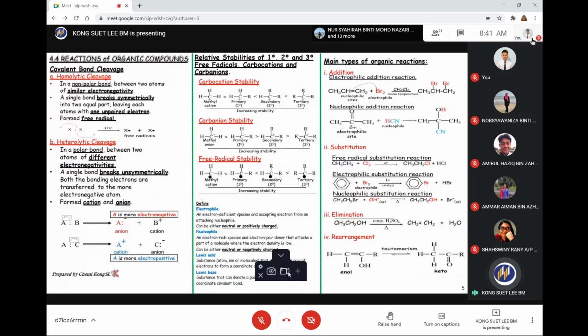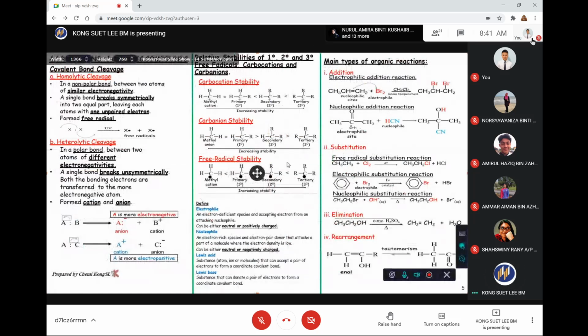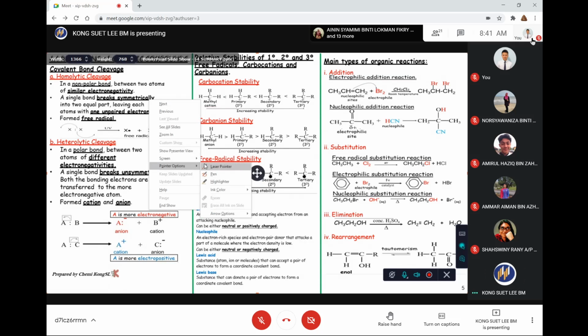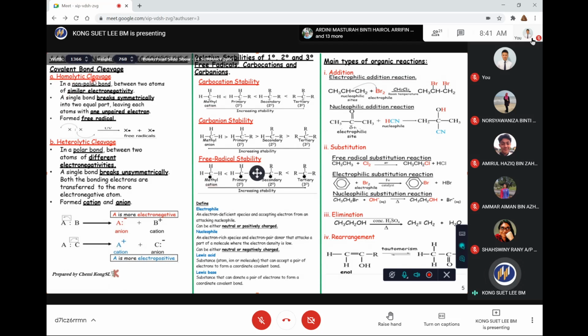We are covering tutorial 4.4 as well. First, 4.4, covalent bond cleavage. There are two. The first one is homolytic cleavage. What is meant by homolytic cleavage? Homo, the concept is the same as in biology, homogeneous and heterogeneous. Homolytic cleavage is for a non-polar bond with similar electronegativity.